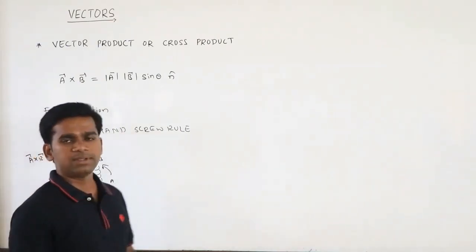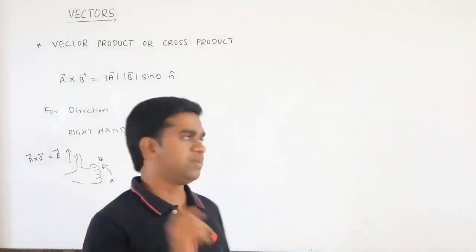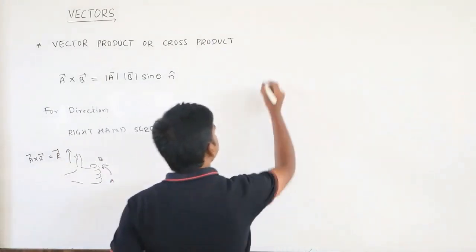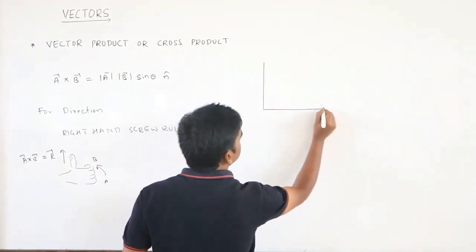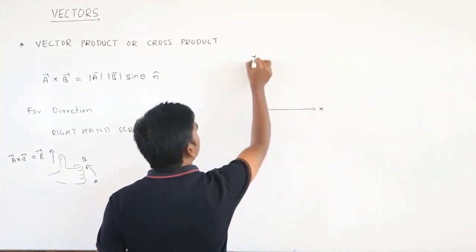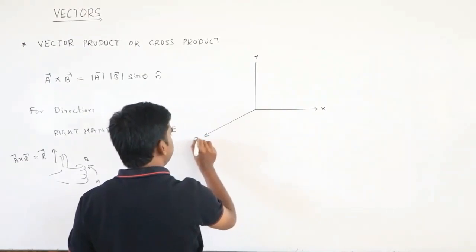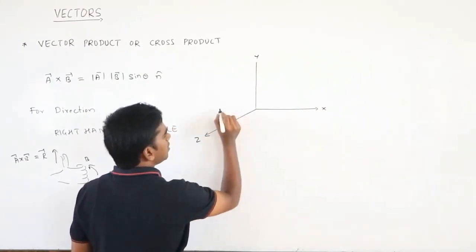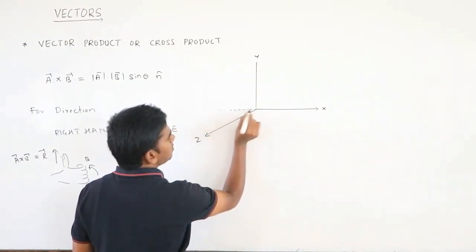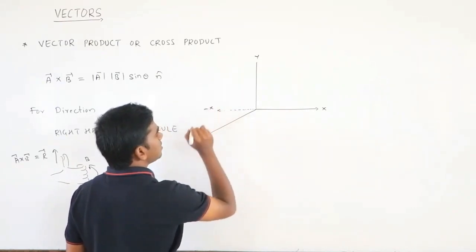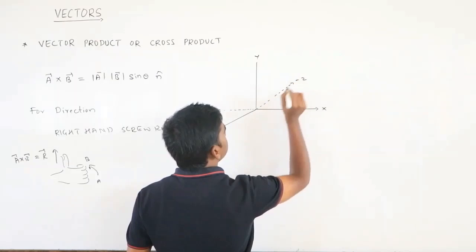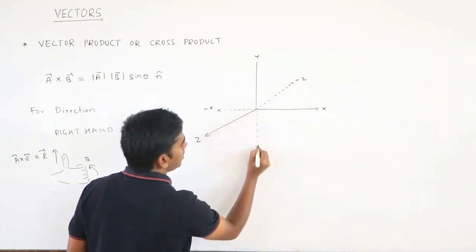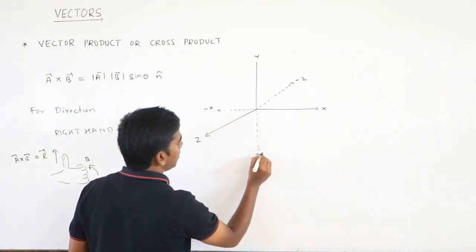Now, very important are the cross products of unit vectors. Let me take the x, y, z axes. This side is the x axis, y axis and z axis. This side is minus x axis, this side minus z axis, and this side minus y axis.